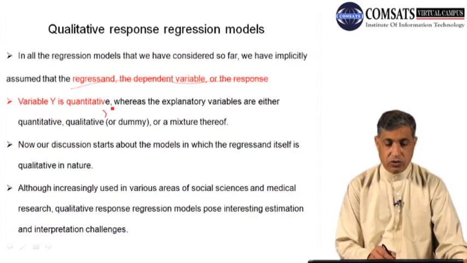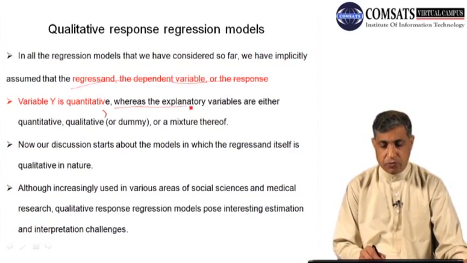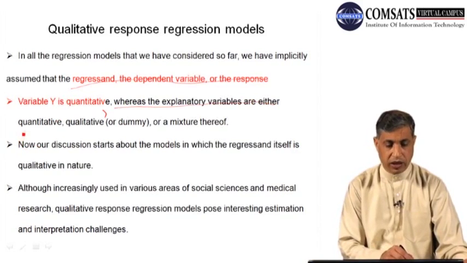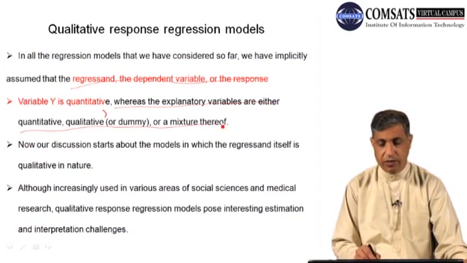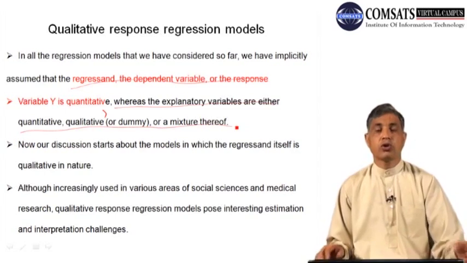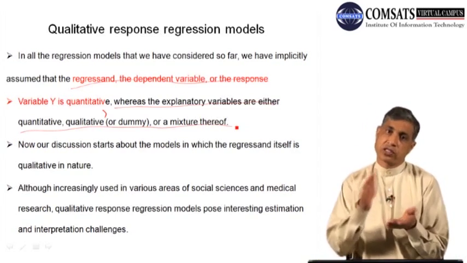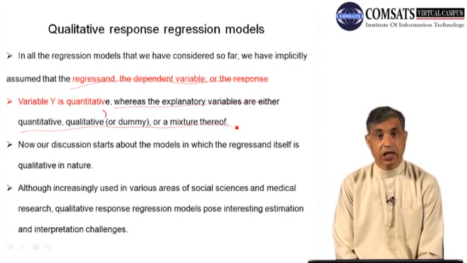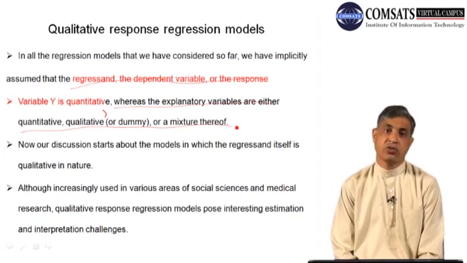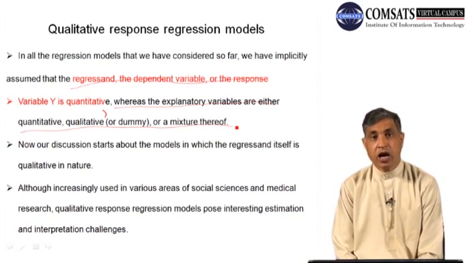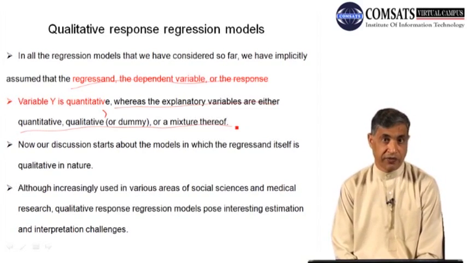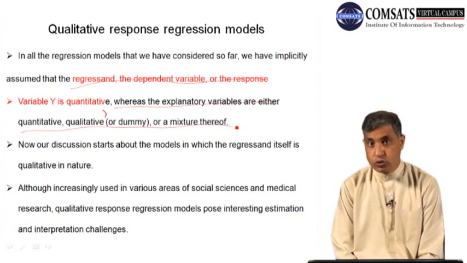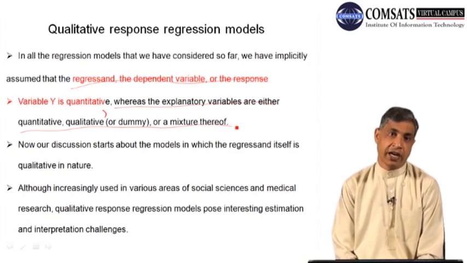The variable y is quantitative, where the explanatory variables are either quantitative, qualitative, dummy variables, or a mixture of them. So now our total focus is on the dependent variable. In the previous 26 lectures, we continuously focused on the independent variable. Now we are shifting our whole concentration towards the dependent variable, and at the outset we are clarifying that we have nothing to do with the independent variable.